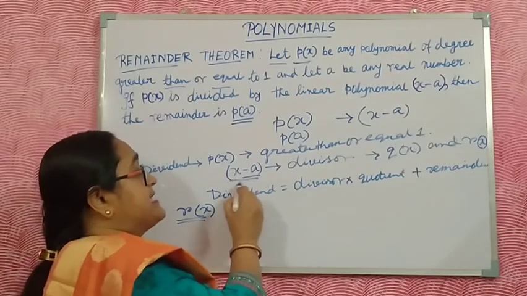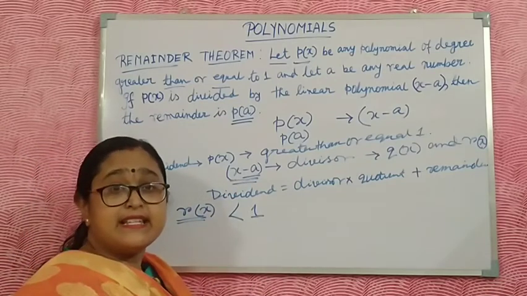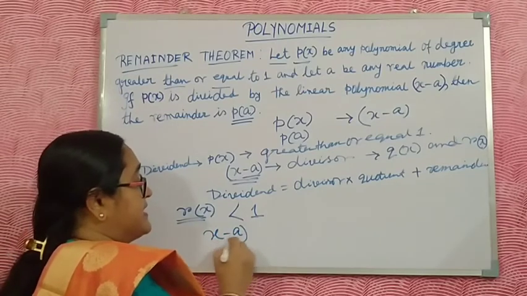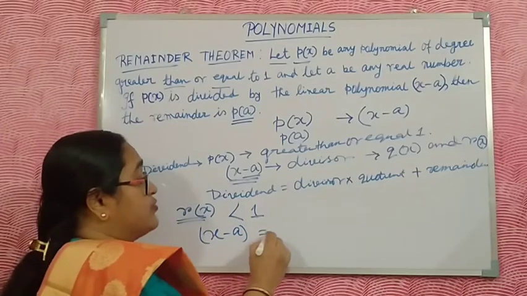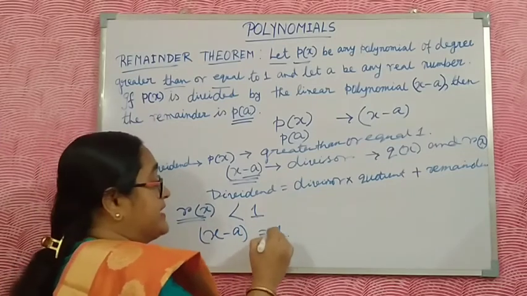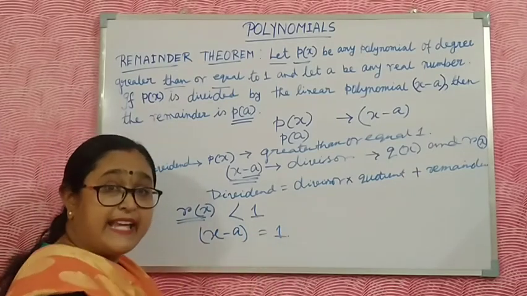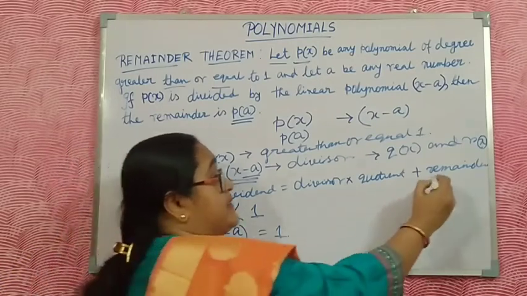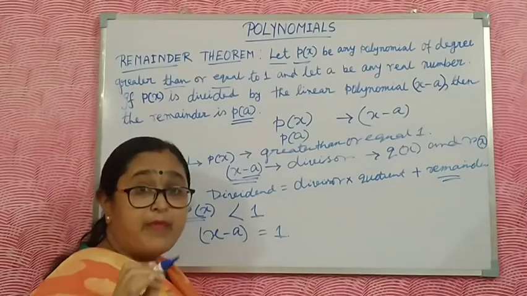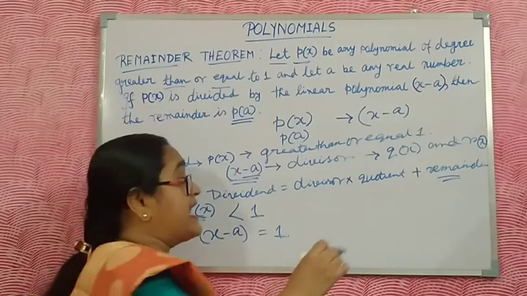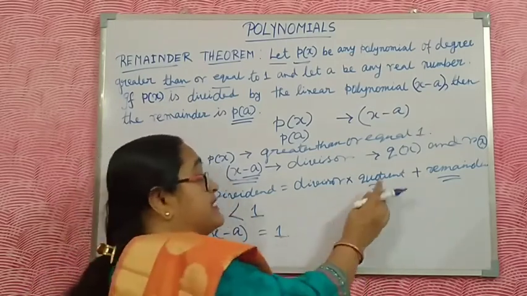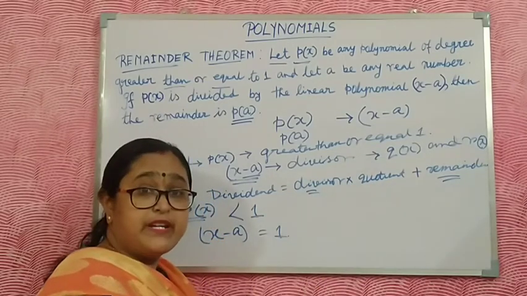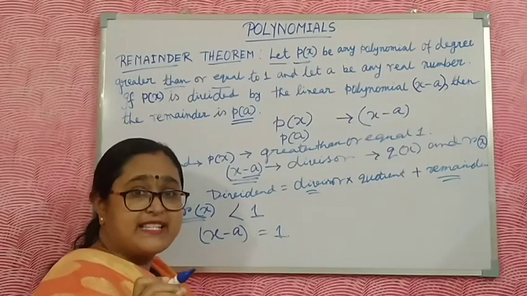The divisor has degree equal to 1. All the students know the degree of the remainder must be less than the divisor.